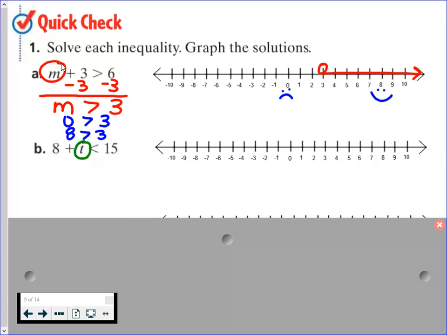Next to t, I see plus 8. I should subtract 8. Open circle at 7.